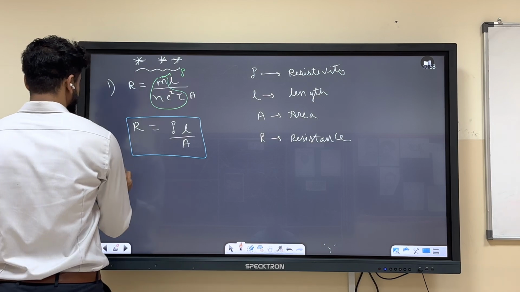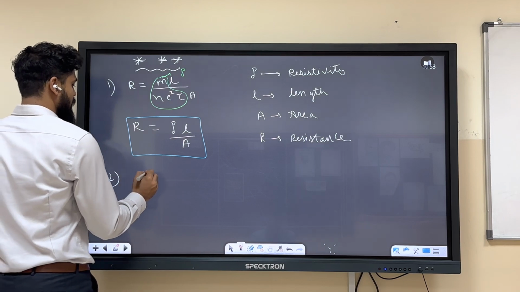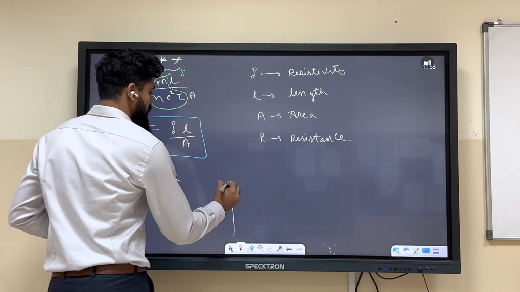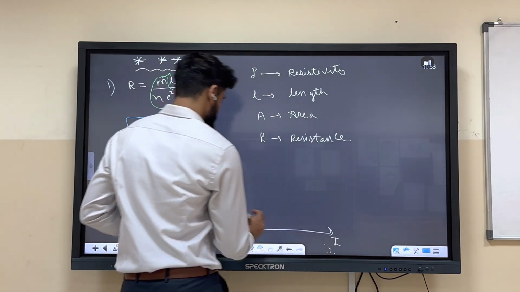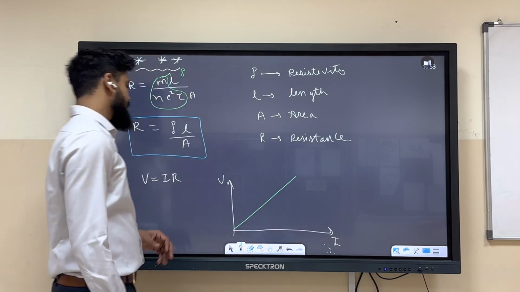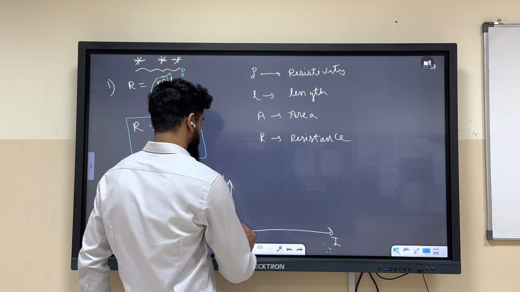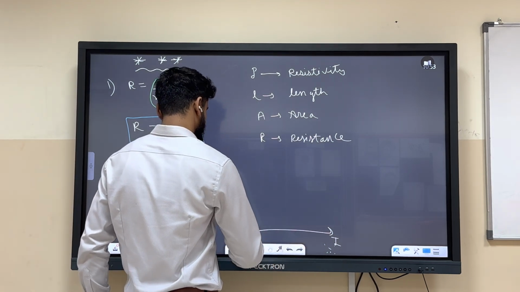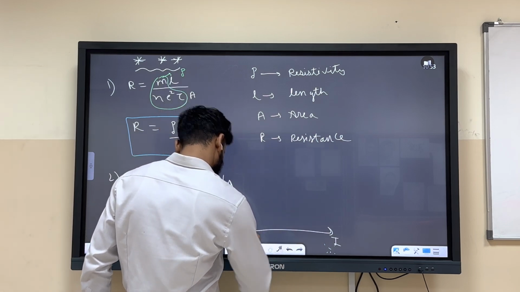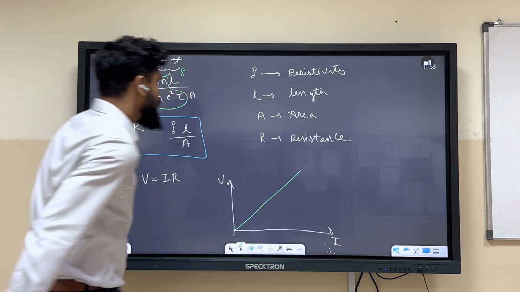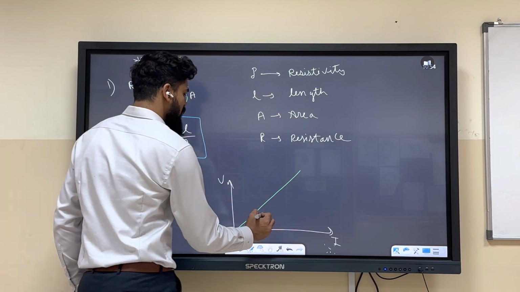Firstly, one more thing we can do, we can make a graph so that you can understand V equals to IR. If V is here and I is over here, this whole graph will be a straight line passing through the origin.